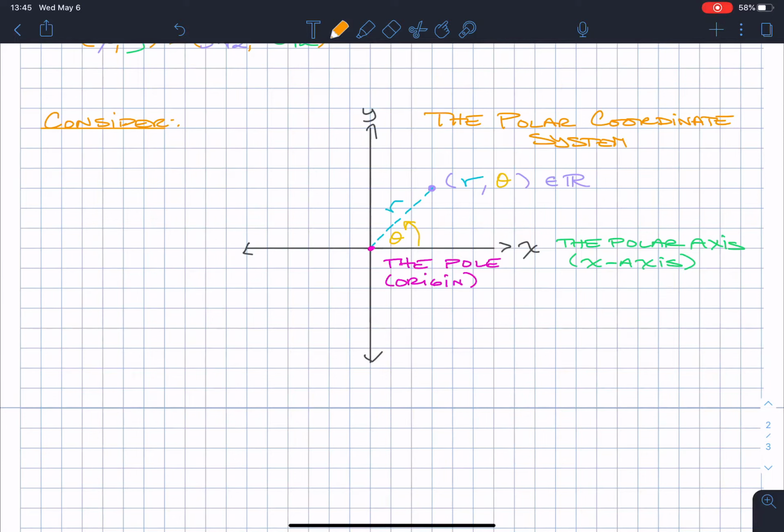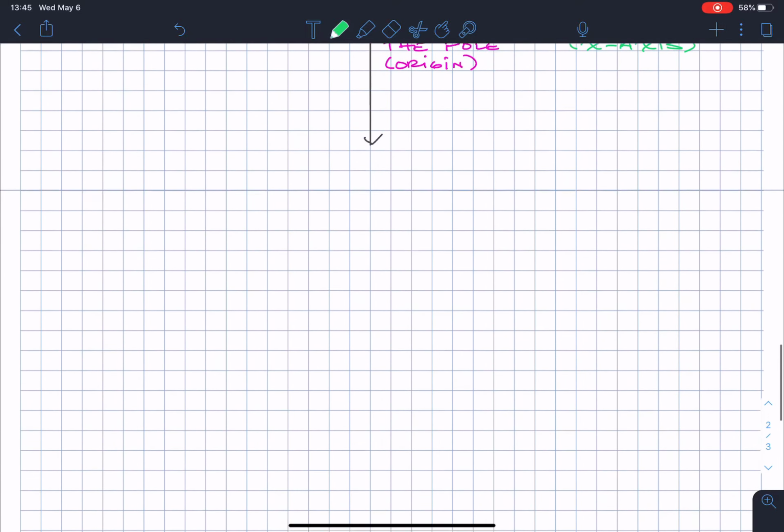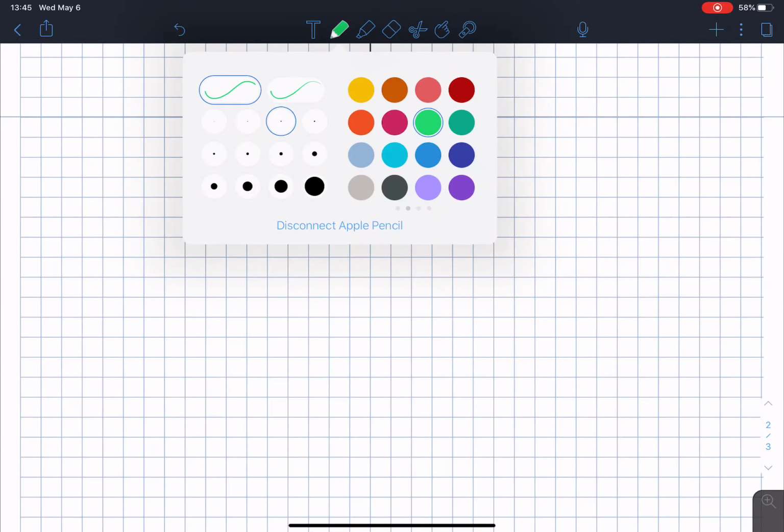Okay, so let's note, how do I plot a polar coordinate?